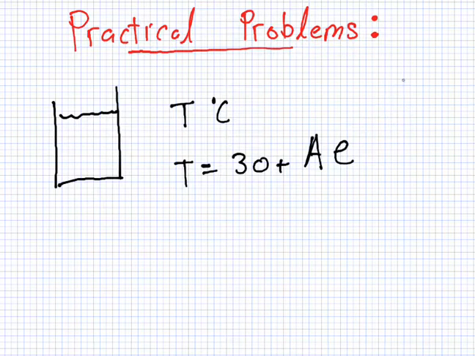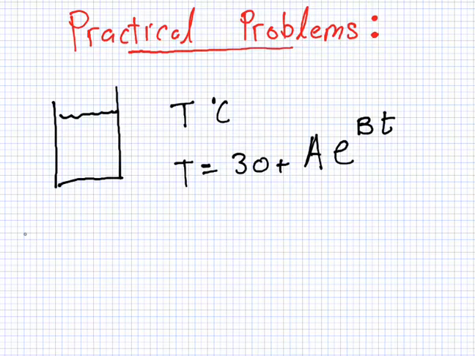Well, actually, let's make it a little bit more difficult: Ae^(bt), for example. So what I'm telling you in this question is that the temperature is given by this formula. The only problem is you don't know what the A and the B are.